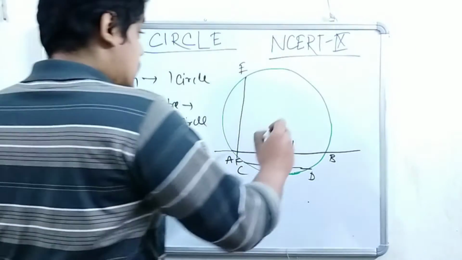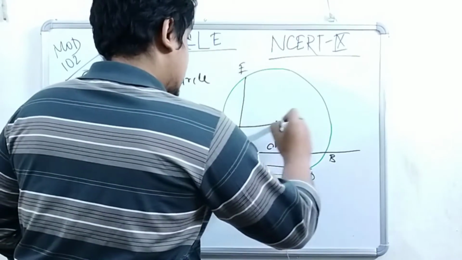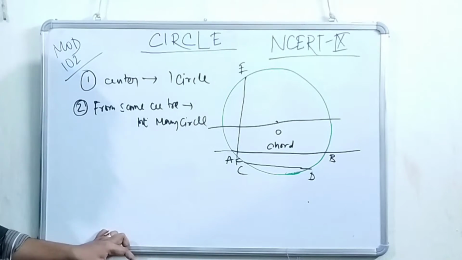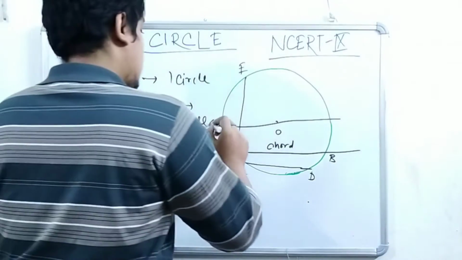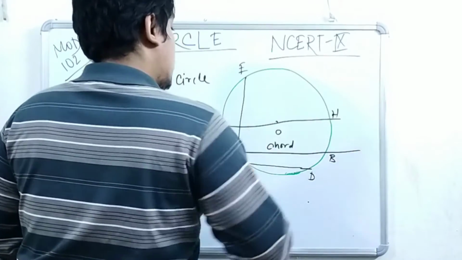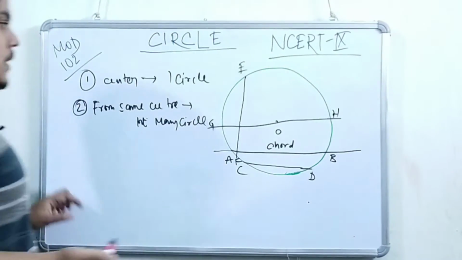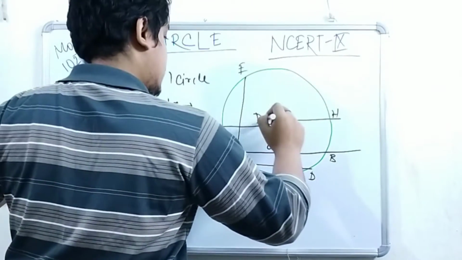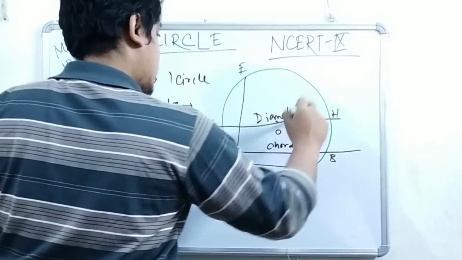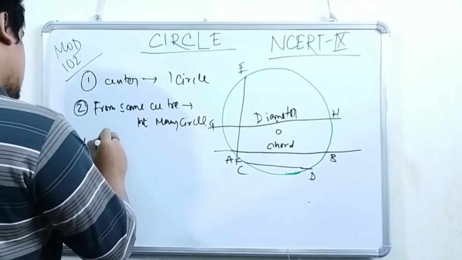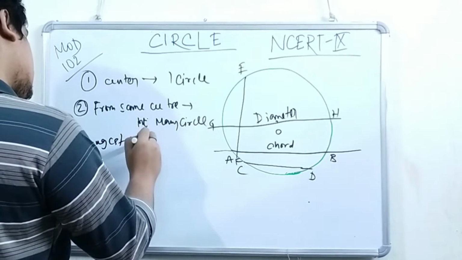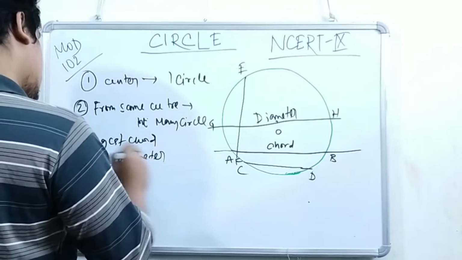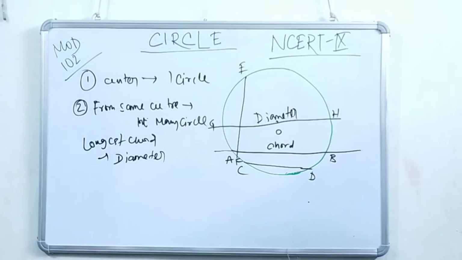Now the line which will pass through the center is the longest chord. That chord is called the diameter. So what I can say from here is that the longest chord is the diameter, no doubt.